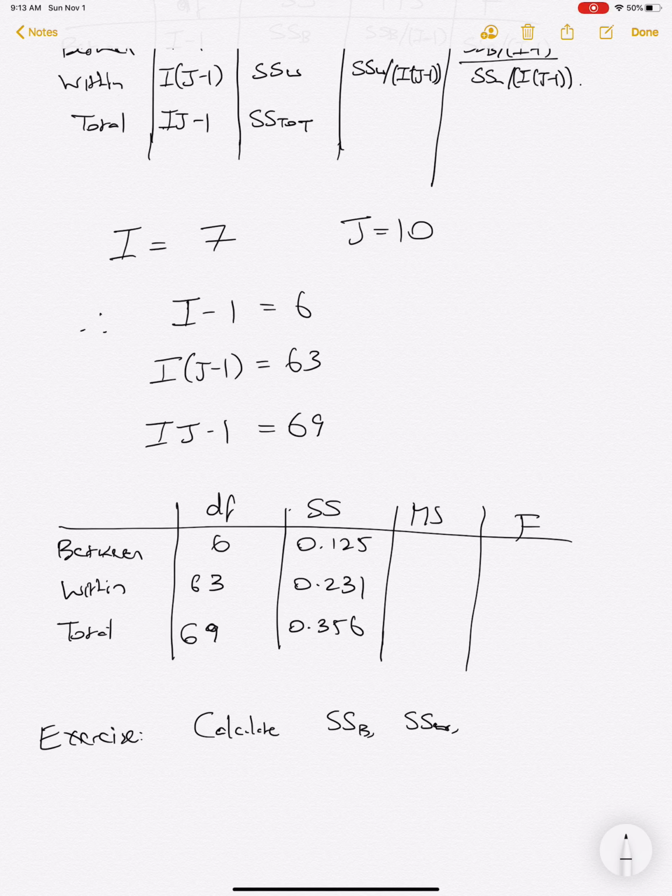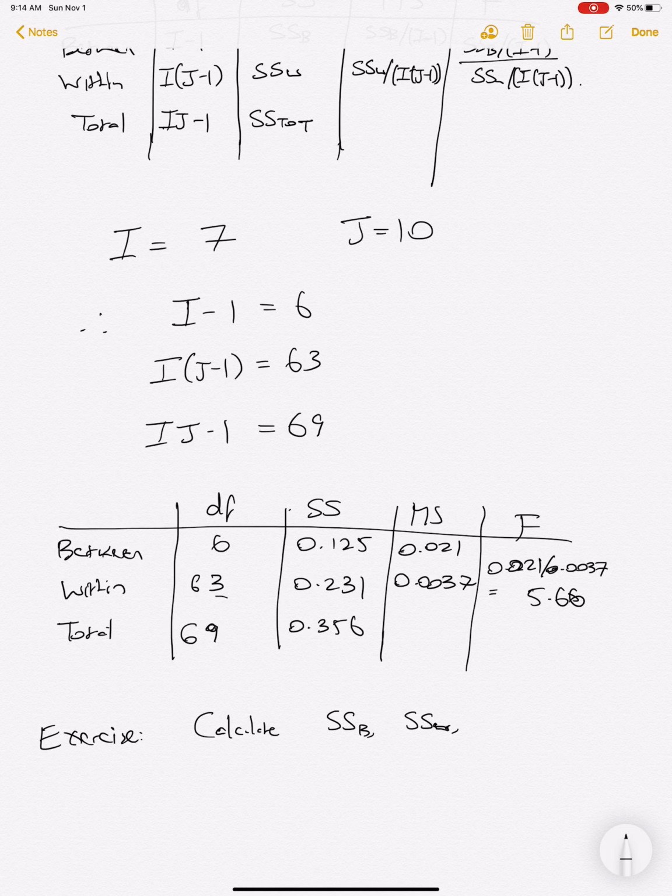If you divide those by 6 and then by 63, you should get 0.021 and 0.0037. And F, which is the ratio of these two numbers, should equal 5.66.